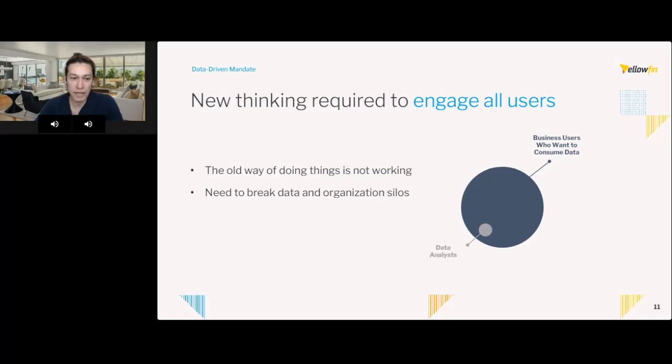We designed Yellowfin to really cater to 3 levels of users. That's the advanced data analyst or data scientist, the intermediate analyst, as well as just, we'll call them, beginner or business users who just want to consume data, want to consume the reports.